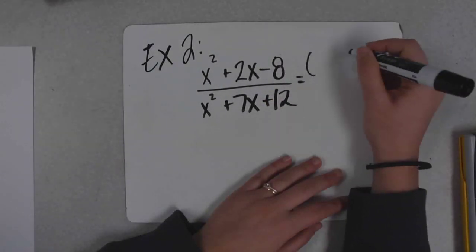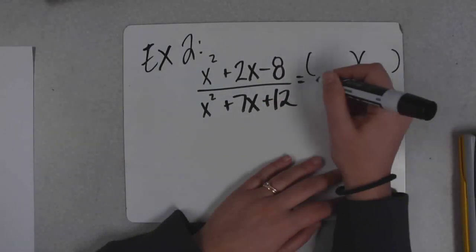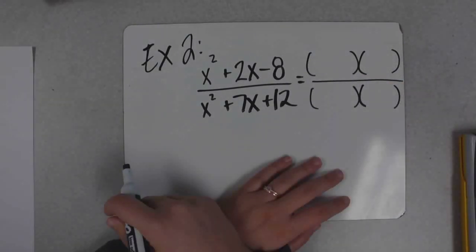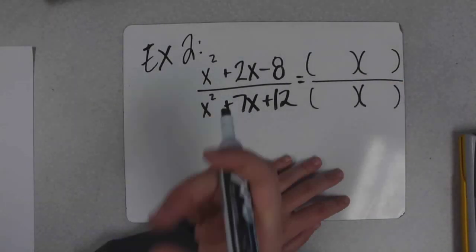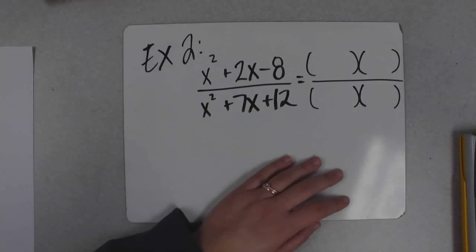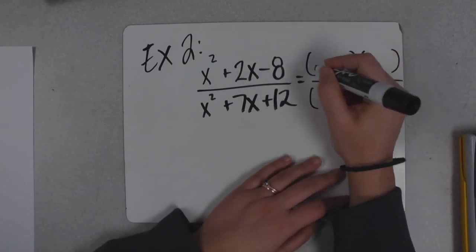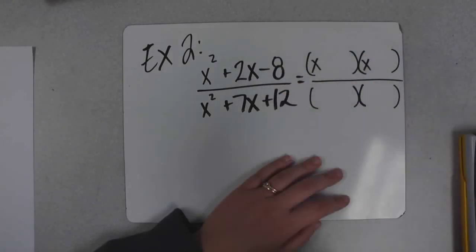These are trinomials, quadratic expressions, so we would use the T-chart method. That's how I factor, but any method you have to factor is fine. You're trying to find two numbers that multiply to negative 8 and add to 2. If you're still struggling with this process, you should back up a couple of videos and watch factoring trinomials.